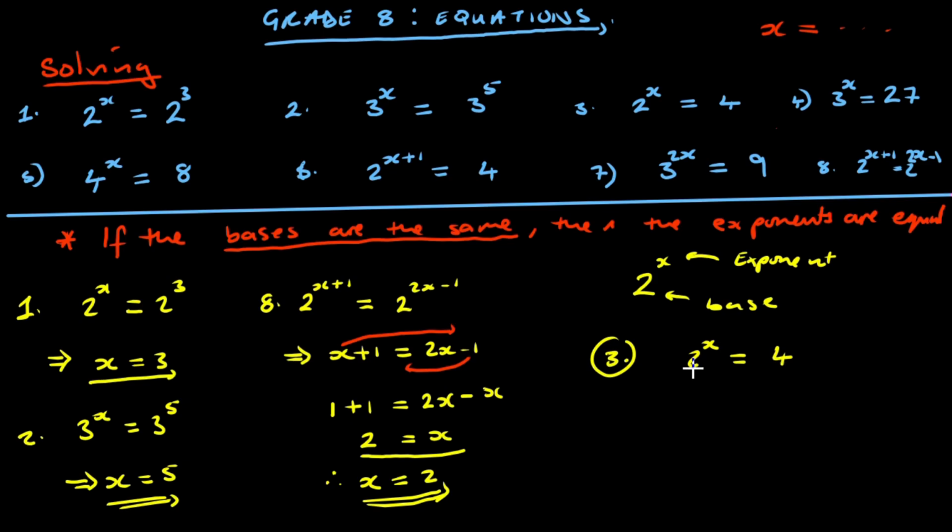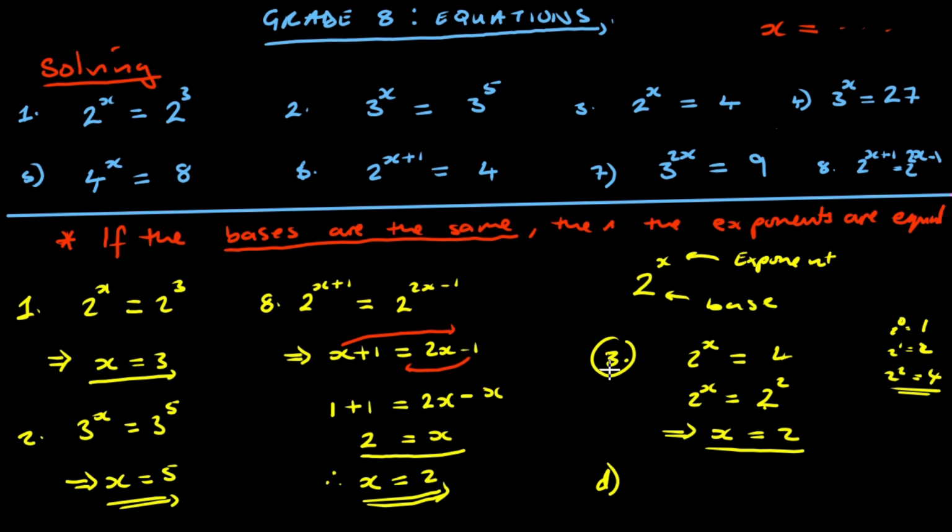This base is 2. 2 to the power 0 is 1, 2 to the power 1 is 2, and 2 to the power 2 is 4. Exactly, that's what I want. So instead of writing 4, I can write 2 to the power 2. Now the bases are the same, so it implies that our exponents are the same, and x is equal to 2.